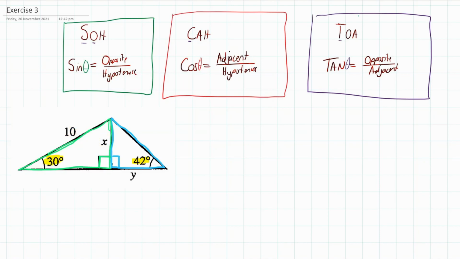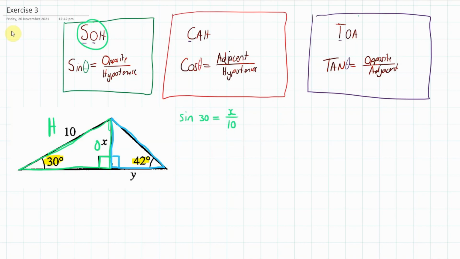So let's start with the green triangle. With the green triangle we have a hypotenuse here, and this is our opposite. So we must be dealing with SOH. So I'm going to say sine 30 is equal to opposite, which is my unknown x, over my hypotenuse, which is 10, isn't it?